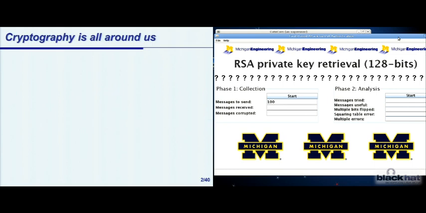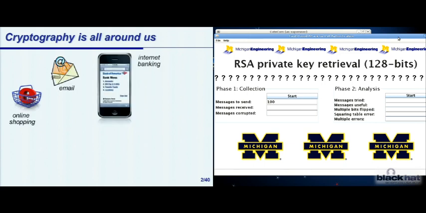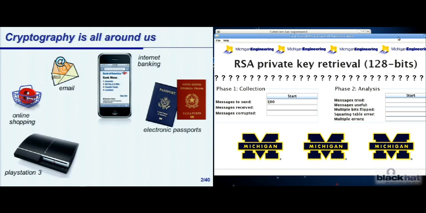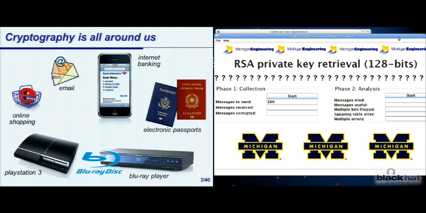As everybody who attends this conference is very well aware, cryptography is all around us. Every time you go online shopping, every time you send an email, when you do your internet banking, even in a password nowadays, there is some security mechanism. And also on a lot of consumer devices, particularly game consoles and, for instance, Blu-ray disc players and, in general, media players.